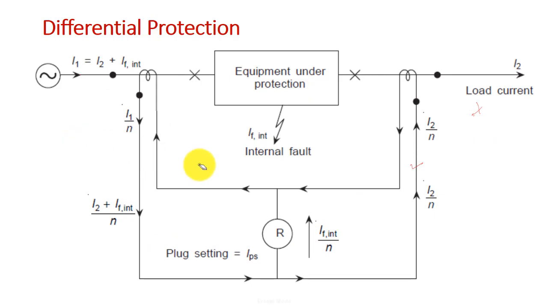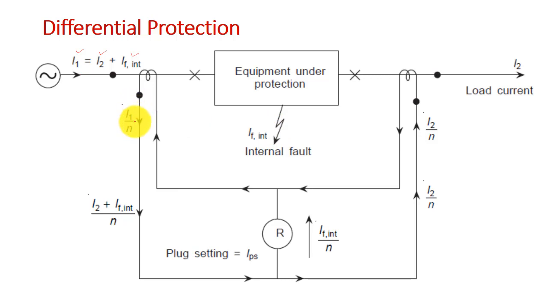And if the fault is internal, what happens? Let us consider an internal fault with a current of If internal. If the load current is I2, then the current on the left hand side of the equipment, that is I1, will be equal to the load current I2 plus If internal, because the fault current is If internal.